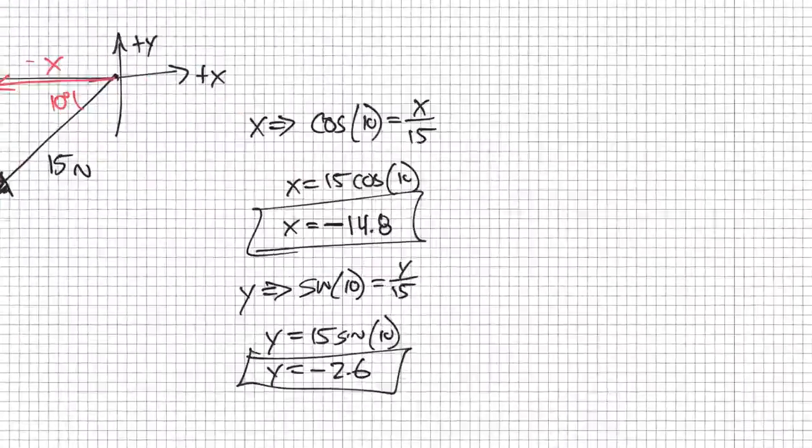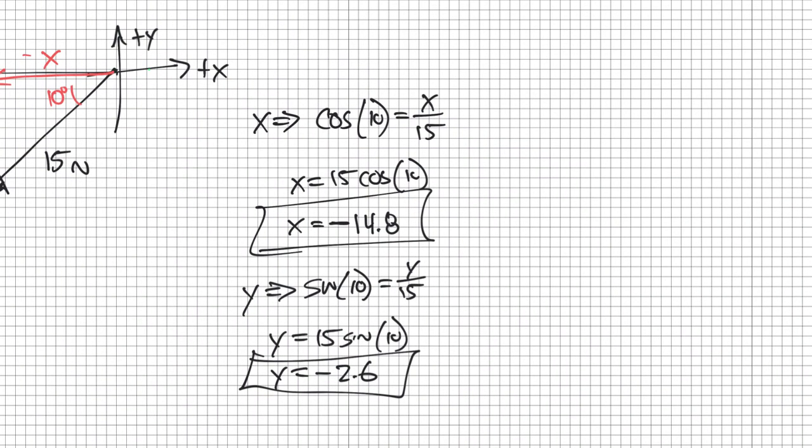It doesn't matter how I draw it. If this is my force here, this would be my X component, negative, and this would be my positive Y component. If I had a vector that looks like this, it would have a positive X component and a negative Y component. However it's drawn, that's how we identify whether values are positive or negative.